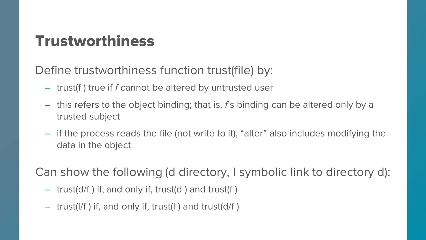If the directory is actually a symbolic link, so there's a symbolic link to a directory containing the file F, the symbolic link has to be trustworthy, and also the directory containing the file has to be trustworthy. Essentially, that goes back to the first case. So you can write this function recursively, and we'll get into that in a moment.